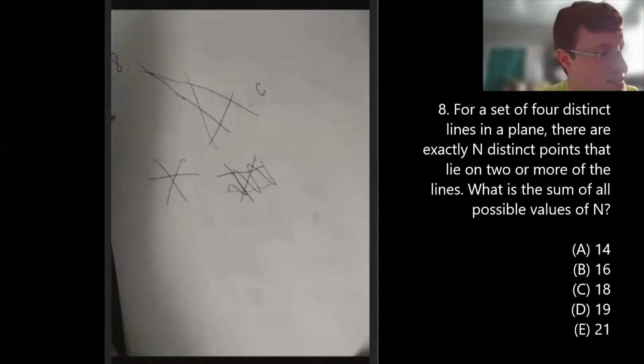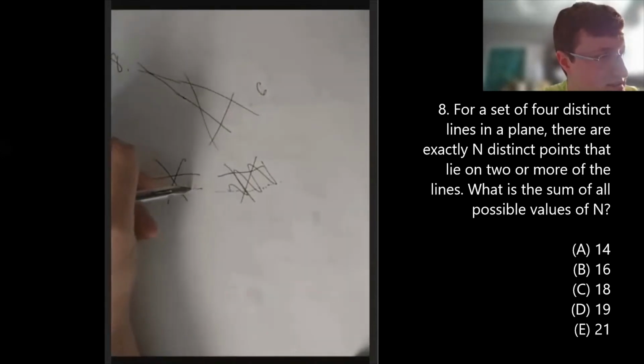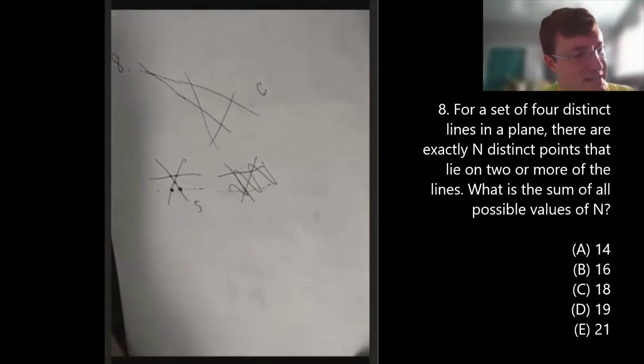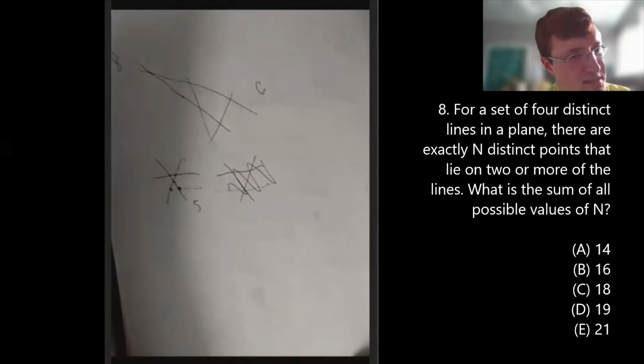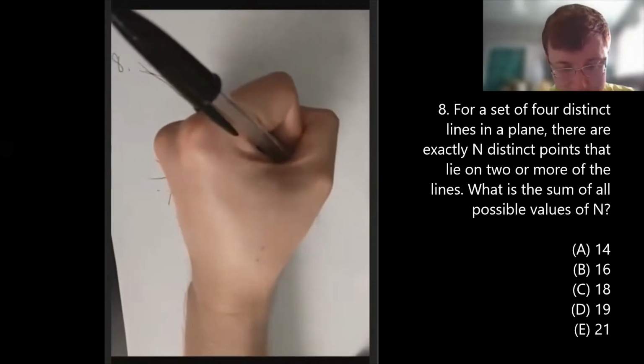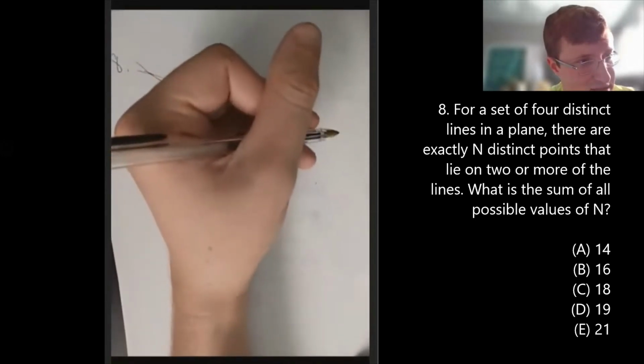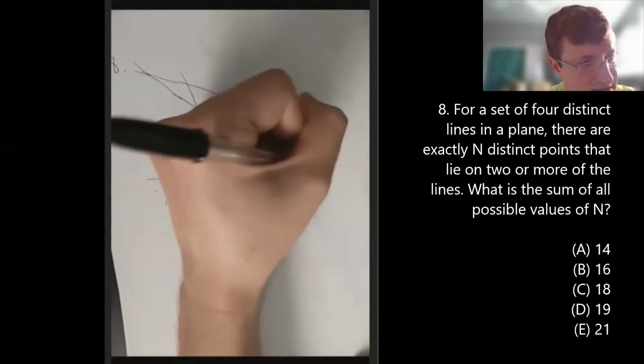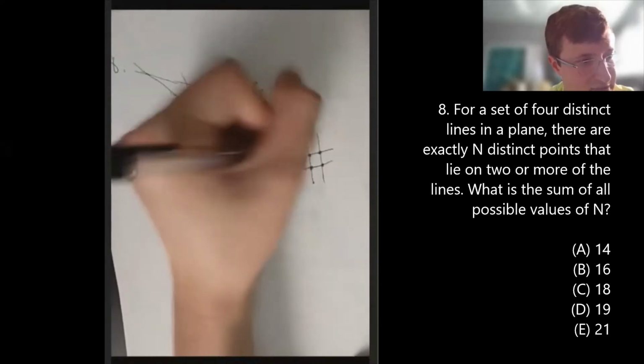Okay, so if I take a line here, that'll be 2 intersection points added on with the initial 3. So 5 is possible. Can I get 4? Let's see. I think so, because I could have 2 sets of 2 parallel lines. It'll give me 4.